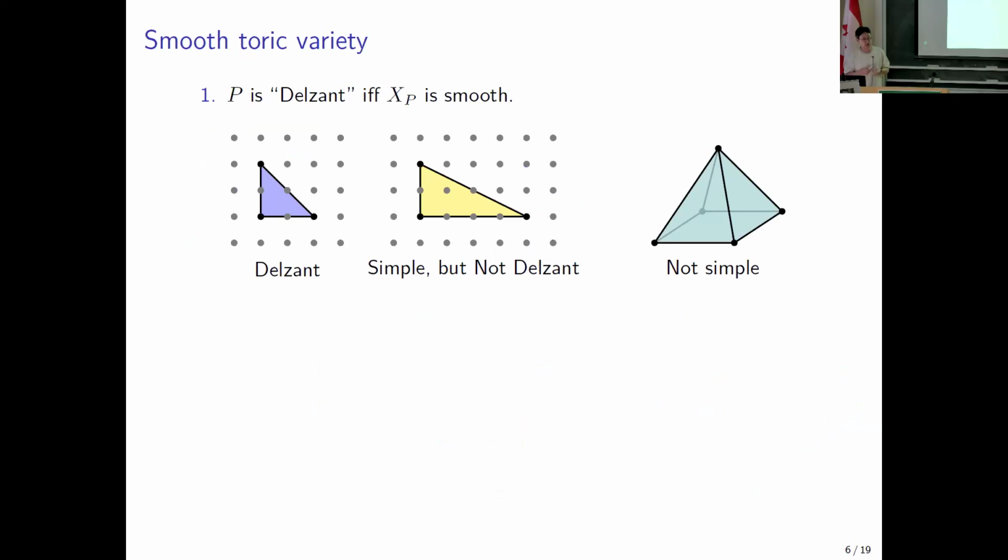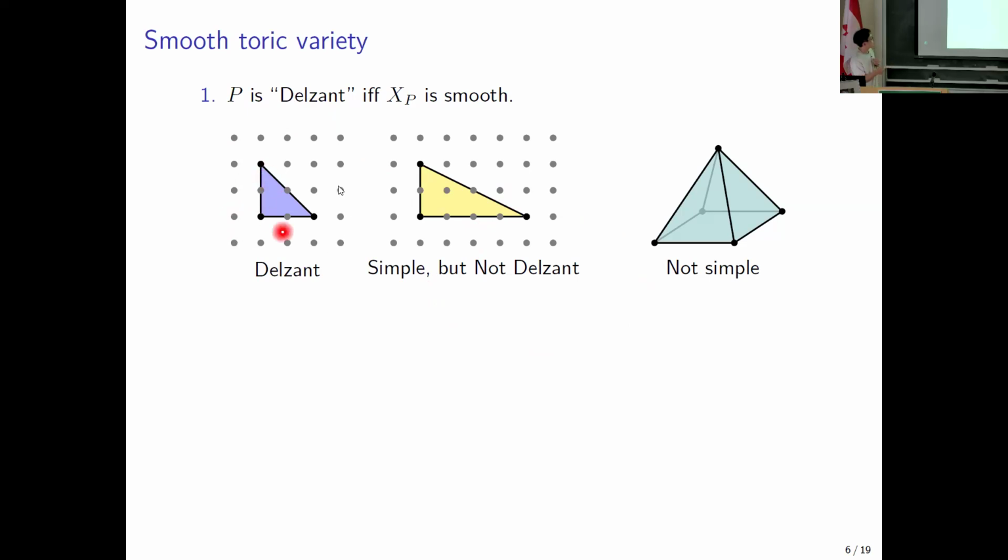So for instance, smoothness is exactly whether the polytope is Delzant or not. So what is a Delzant polytope? The first one is Delzant. The second one is not Delzant. In order for a polytope to be a Delzant polytope, it has to satisfy two conditions. One is that at each vertex, there have to be exactly dimension-many outgoing edges.